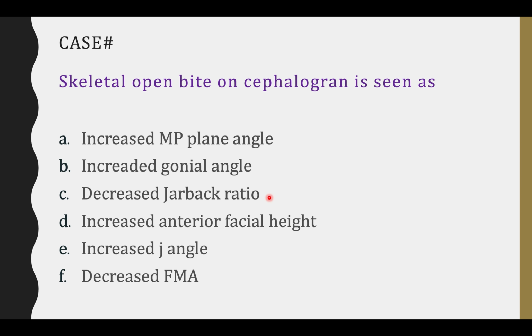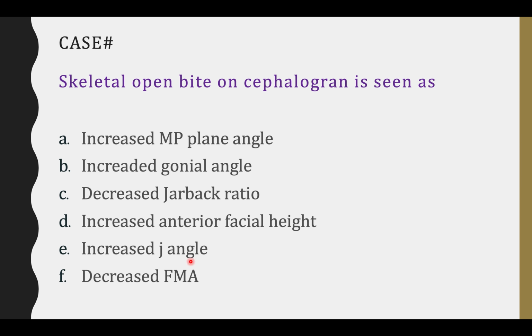Yes, anterior facial height is greater, so the open bite condition is there. Increased anterior facial height, yes, this is a conclusion. Because of this increased anterior facial height only, there is a decreased Jarabak ratio. All are strong features of your vertical growth patterns which are summarized in one place.